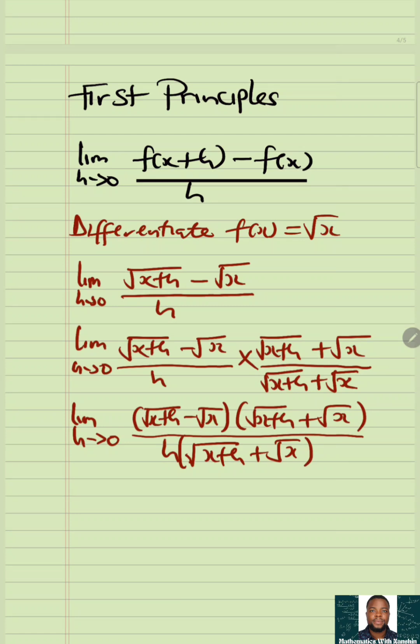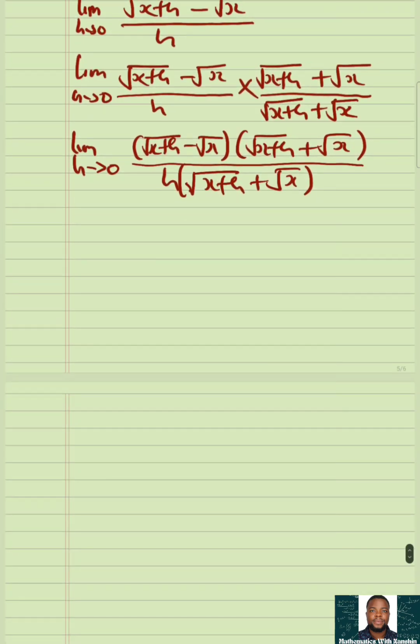Now that's you grouping them in brackets. The next thing you're going to do is expand the brackets, especially in the numerator, that's the one up.